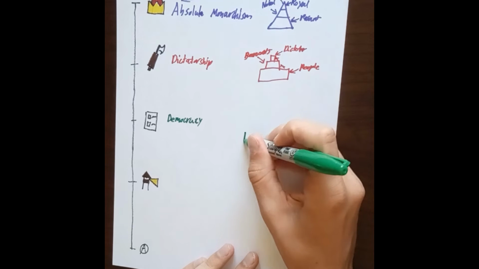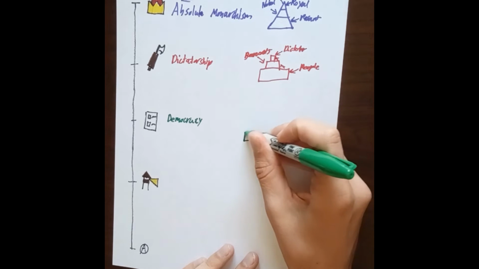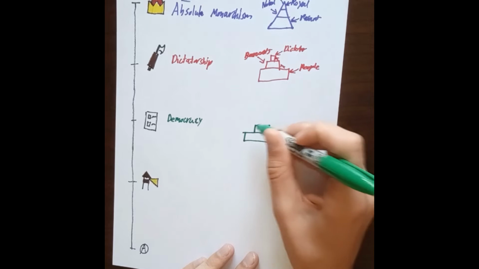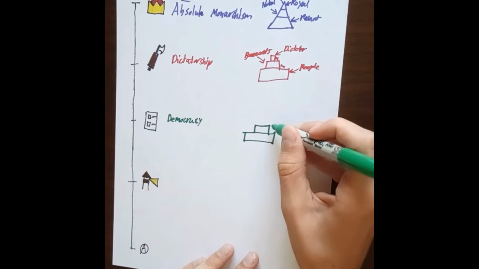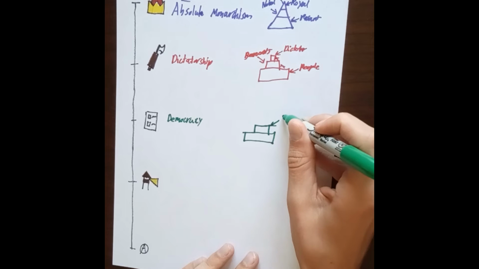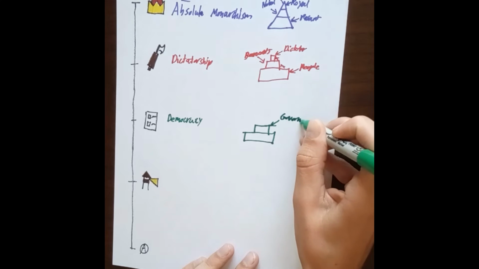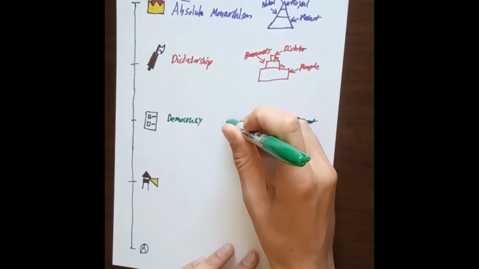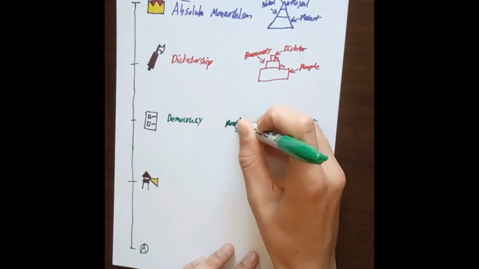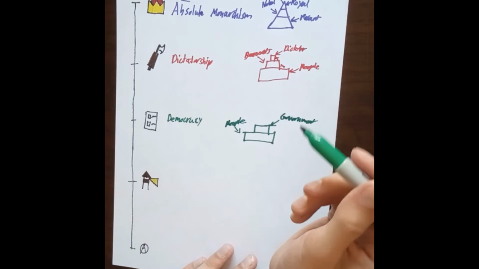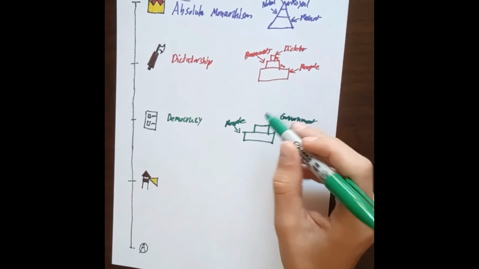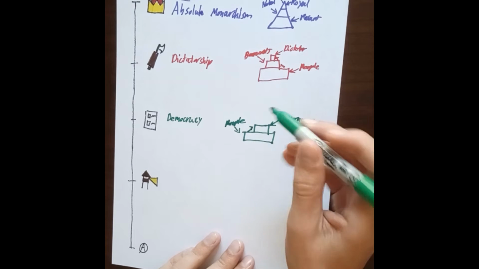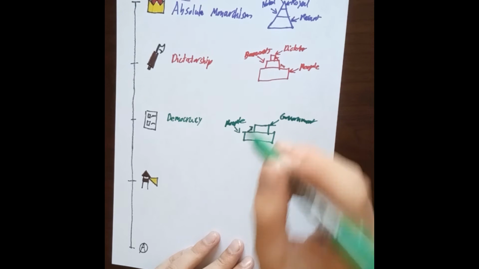So basically you have the blocky pyramid, but it's missing its top. So in that sense, you have the government and you have the people. All right? So the people elect the government, but the government has absolute power.